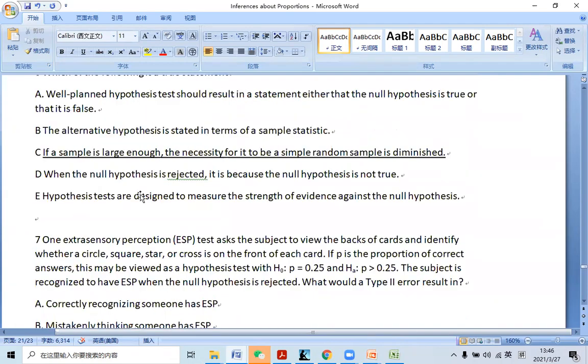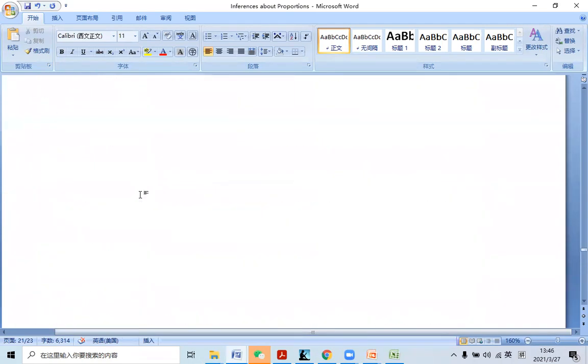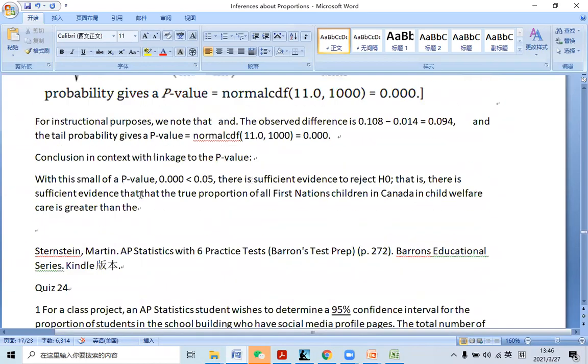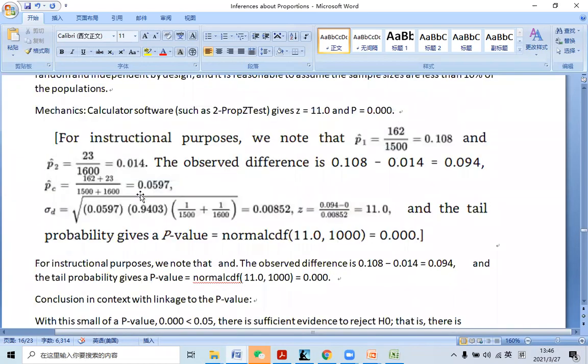And this really goes back to the sample we just looked at here. So here you need to pool the sample. You really need to pool the samples together in estimating the standard deviation. First, you need to combine the proportions.